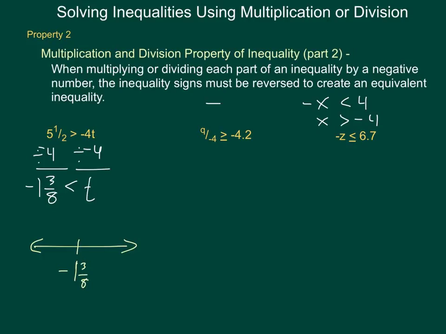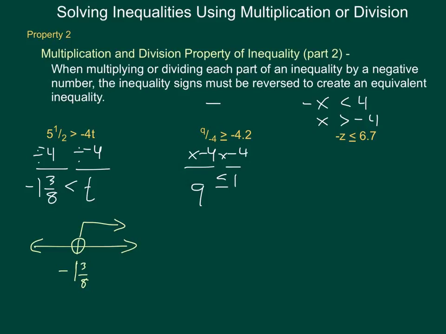And my value t cannot be equal to it, so open circle, and I want values that are larger. Next, q divided by negative 4 is greater than or equal to negative 4 2/10. Since I see division, I'm going to multiply both sides by negative 4, giving me q being less than or equal to, since I'm multiplying by a negative number, I have to reverse my sign.